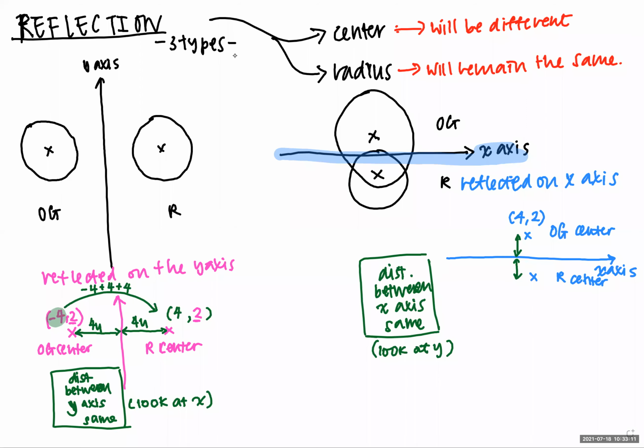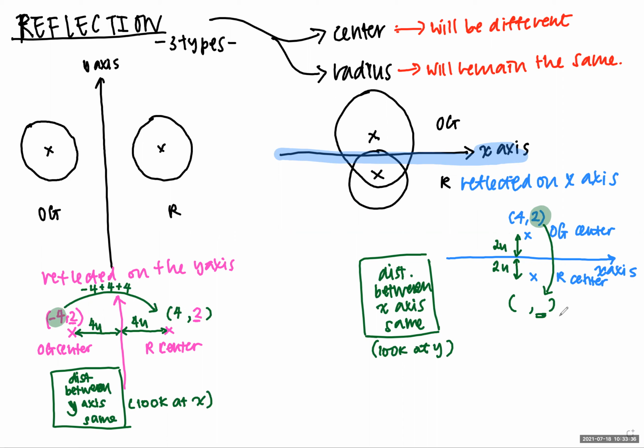We'll be looking at the y. So the y will be changed, right? What do you notice about the distance of the y? Since we know it's 2, it means it's 2 units. So here is 2 units, this person is also 2 units, correct? So how do we find this person?